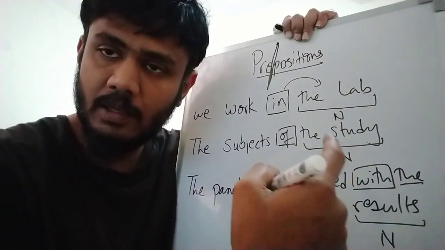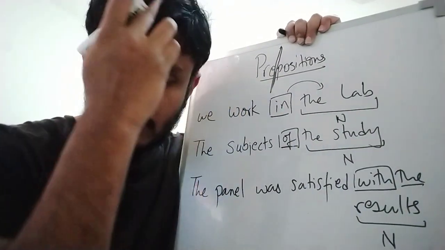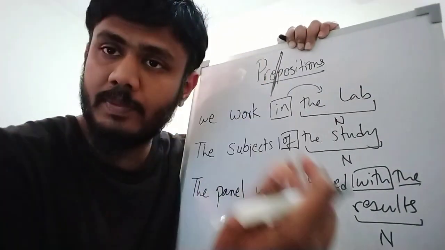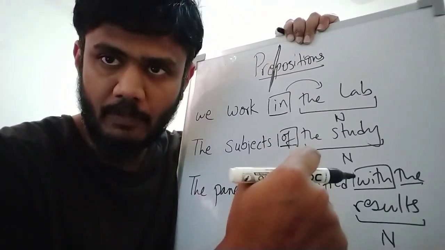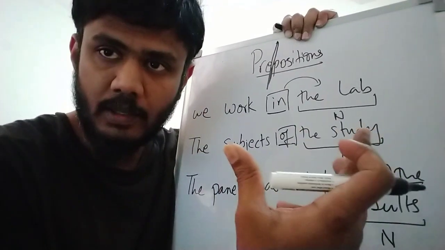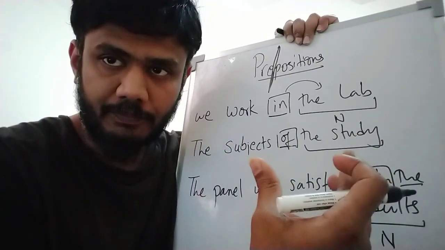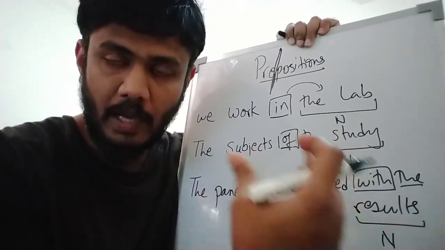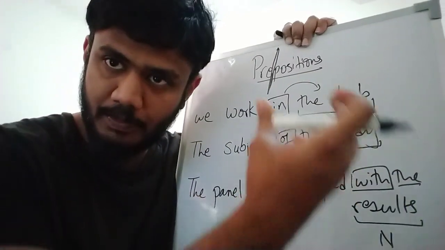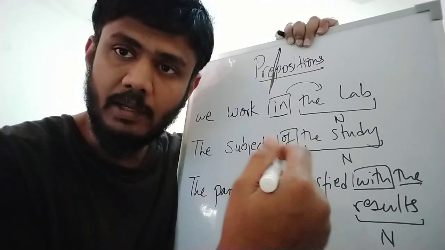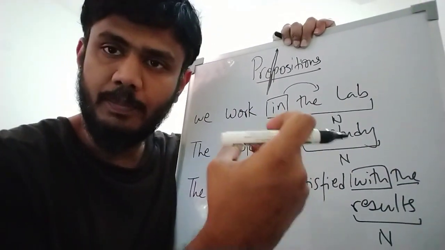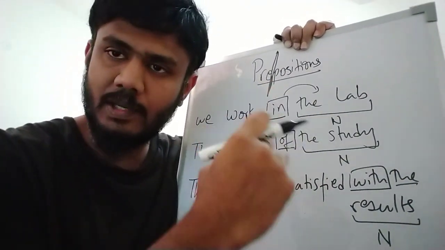Now in Hindi and in a lot of other languages, we may not have prepositions, because in Hindi we have something called postpositions. For example, I say table ke upar. I don't say ke upar table, right? I say on the table in English, so it's pre-positioned before the table. But in Hindi we say table ke upar, so this part of speech actually comes after the noun.